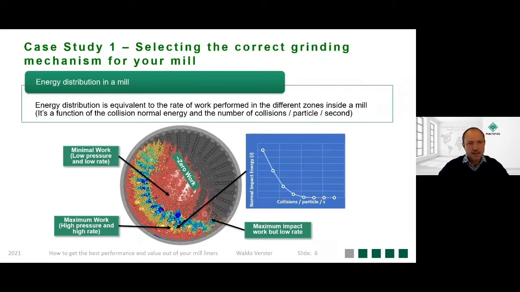But if I compare the impact zone with this rising shear zone, there's an order of magnitude difference between the number of collisions per particle per second. So this indicates to you how important it is to optimize your grinding mechanism. We need this impact zone to break larger, harder material, but it will happen at a very reduced rate compared to this rising shear zone.